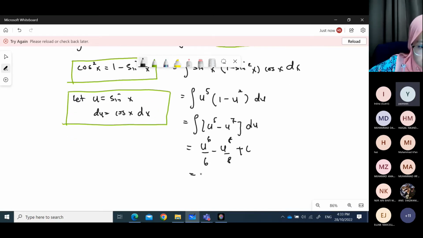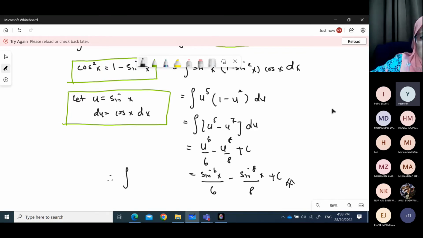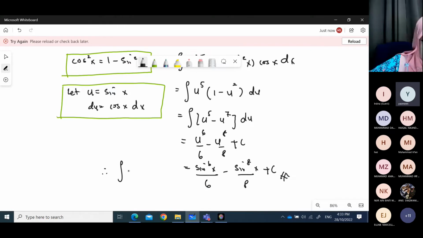So we have sine to the power of 6x over 6 minus sine to the power of 8x over 8 plus c. Okay, so this is the answer. Therefore, integral for sine to the power of 5x times cosine cube x dx, it is equivalent with this one.